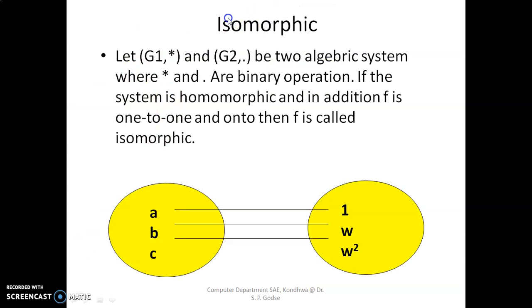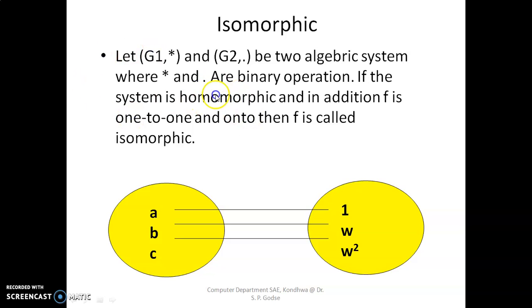Now, what is meant by isomorphic? Let (G1, *) and (G2, ·) be two algebraic systems where * and · are binary operations. If the system is homomorphic and, in addition, f is one-to-one and onto, then f is called an isomorphism.